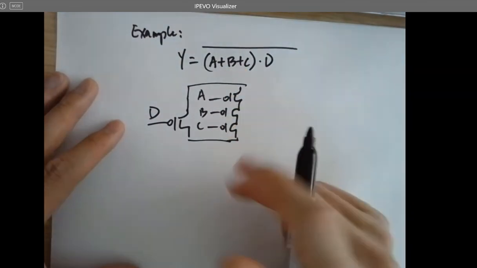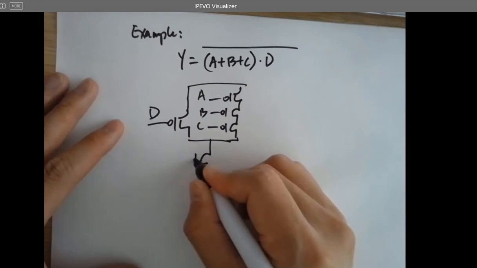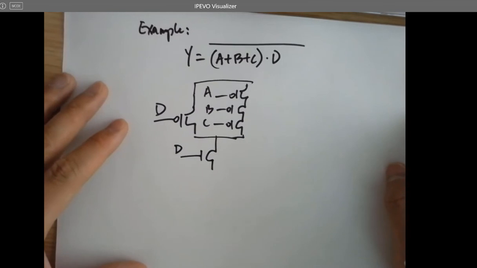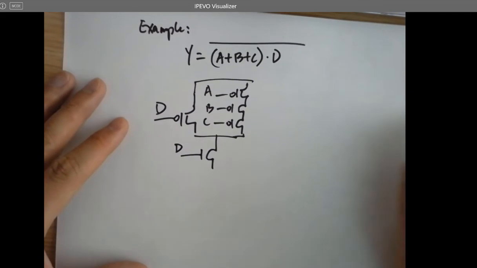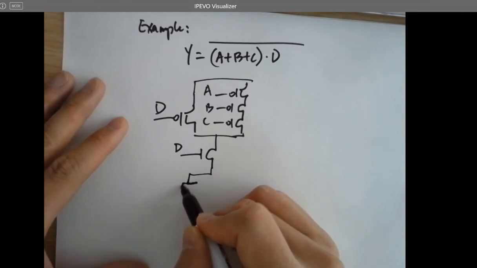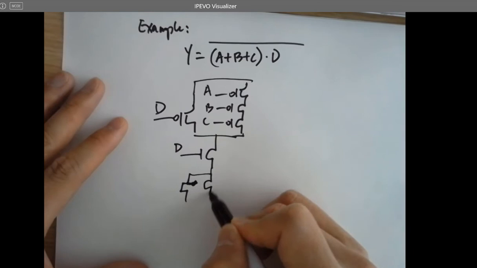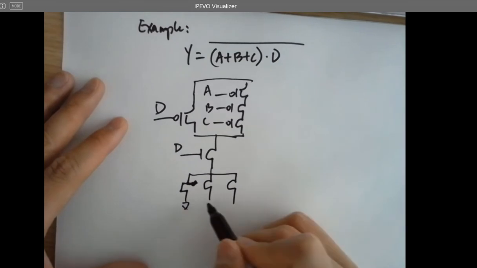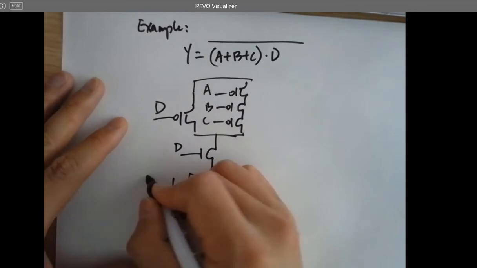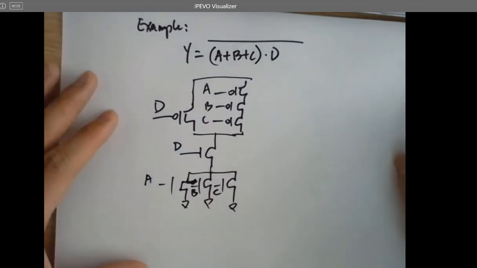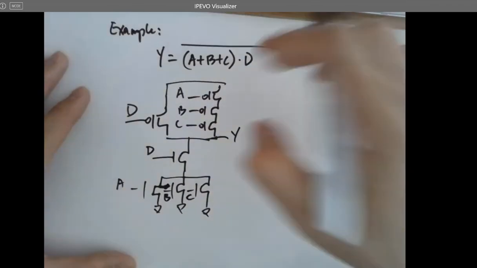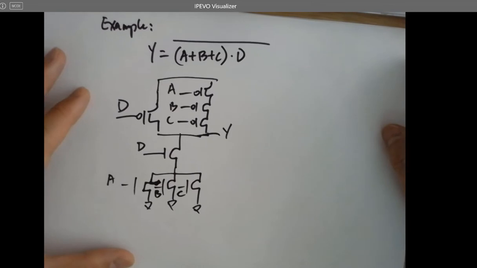So you can imagine NMOS has a signal for D in series with these 3 signals, which are A, B, C. So that's the circuit AOI logic for this logic expression.